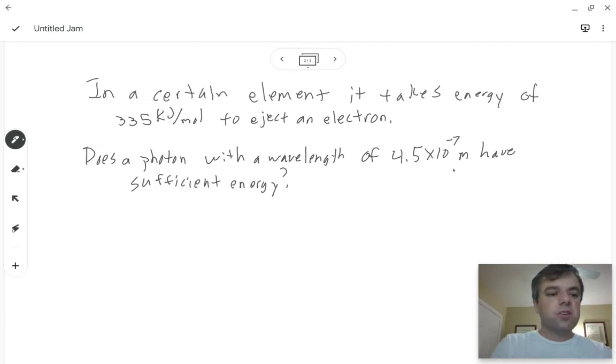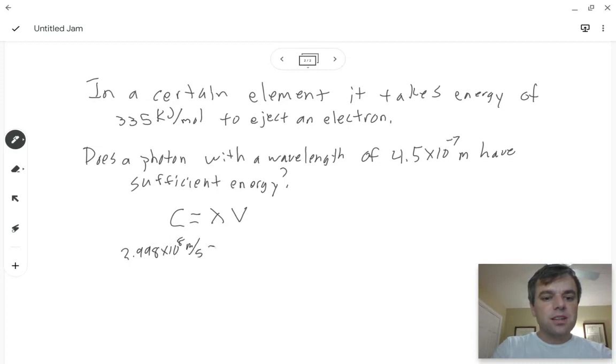First of all, we know that the speed of light equals the wavelength times the frequency. So 2.998 times 10 to the 8th meters per second equals 4.5 times 10 to the negative 7th meters times our frequency.